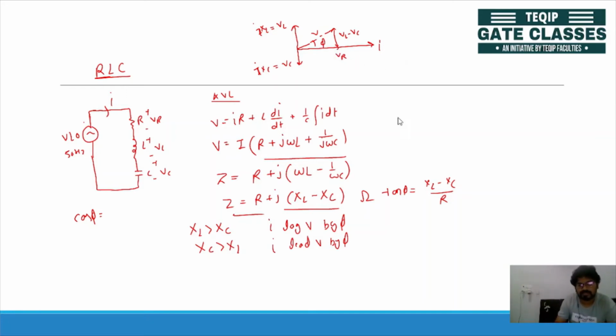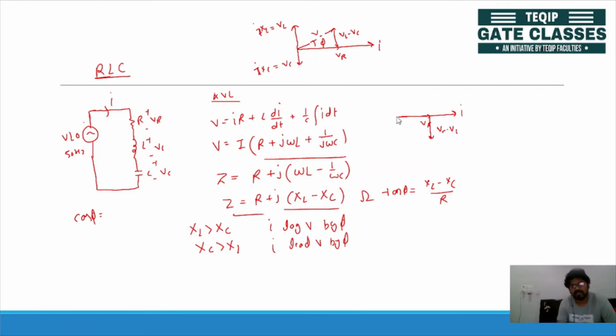But if your XL is less than XC, if we draw separately, then what will you get? Here is your VR, and you will get a vector here called VL minus VC. Here VC is dominating.